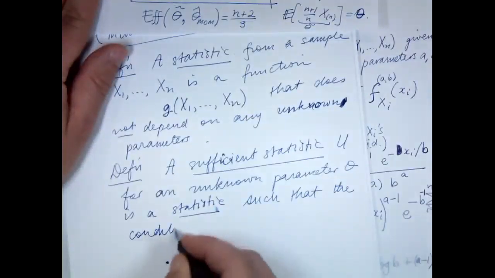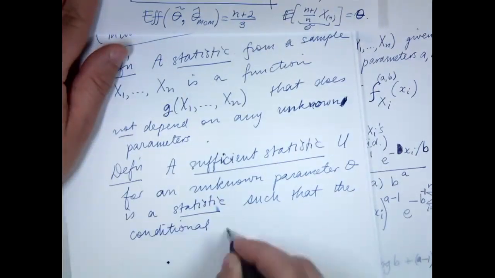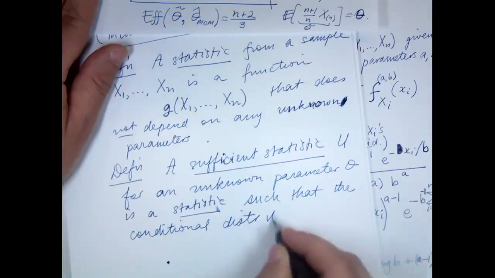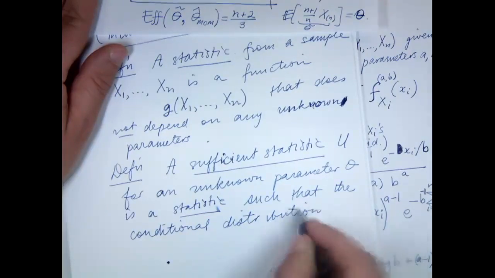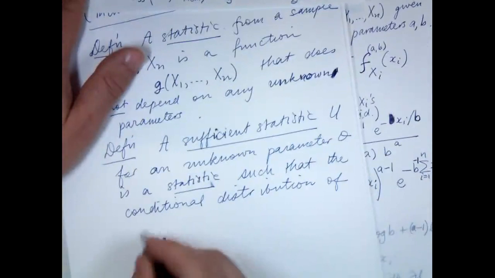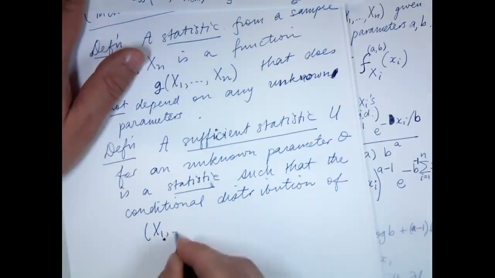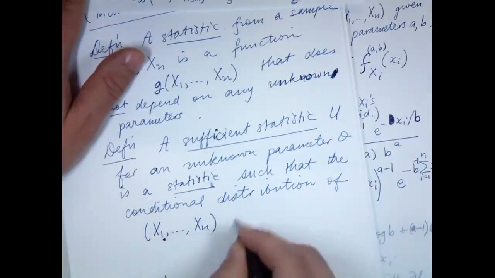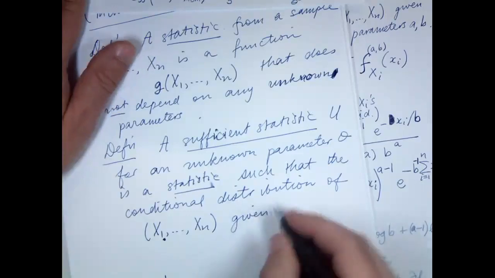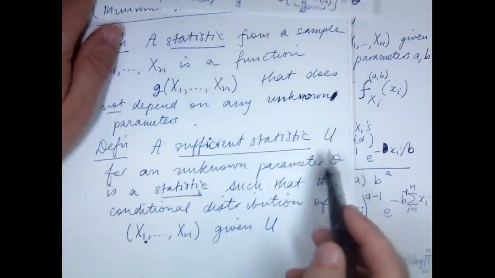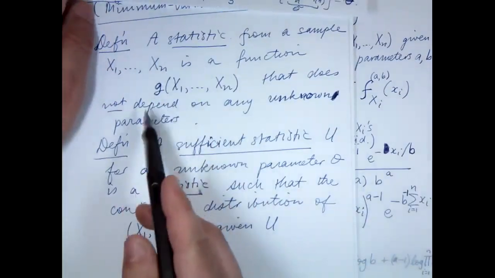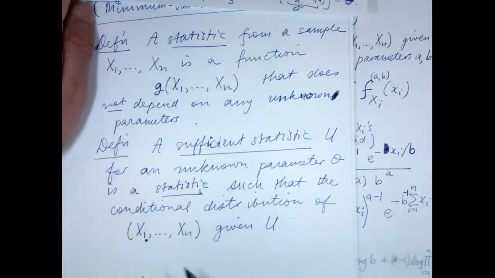the conditional distribution of all the observations x1 up to xn given U. By the way, U, because it's a statistic, can be written as some function of the x1 up to xn.